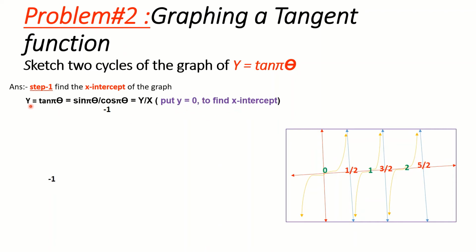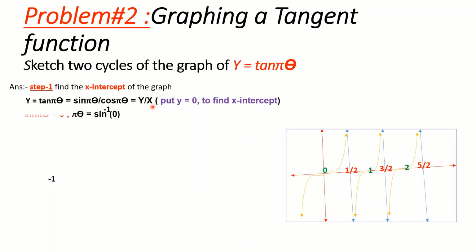That means the equation y equals tan pi theta is the same as sine pi theta over cos pi theta, which is the ratio of the sine and cosine, equal to y over x.